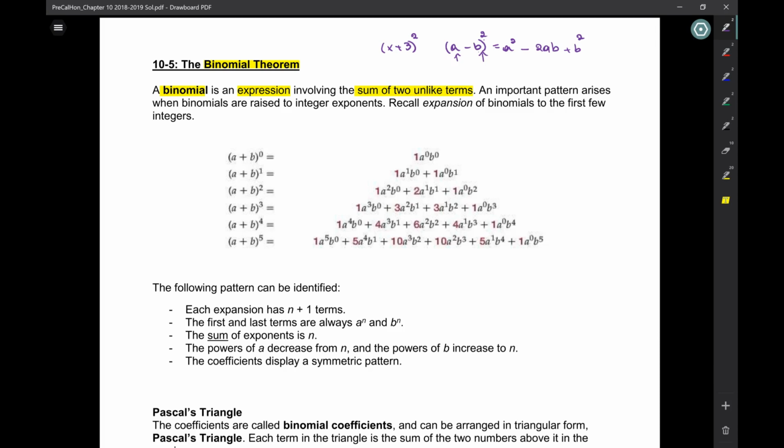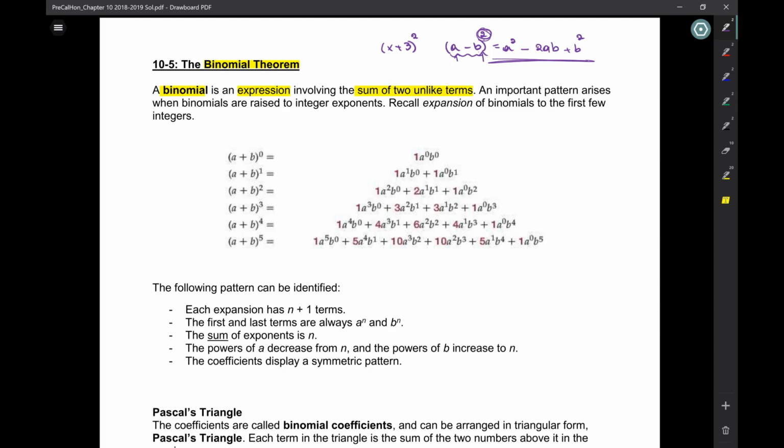But you'll find in this lesson that this pattern, or a similar pattern to this, exists no matter what this exponent is, right? So anytime you have a binomial raised to an exponent, there is a cute little pattern just like this one. And today we're going to unlock that pattern, and this is so exciting for me. Okay, so let's go.